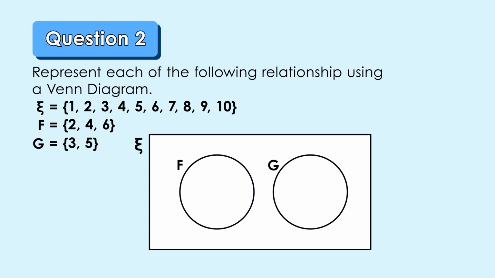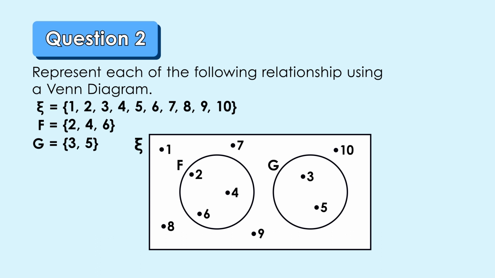Now, the elements of set F and set G are written inside the circles respectively. Finally, the other elements in the universal set, 1, 7, 8, 9 and 10, are written outside of both circles. Now, the Venn diagram for the question is complete.